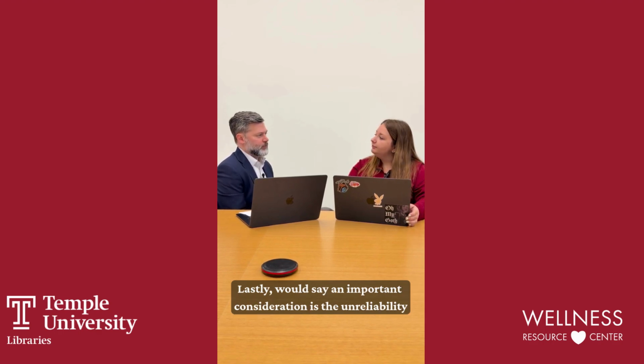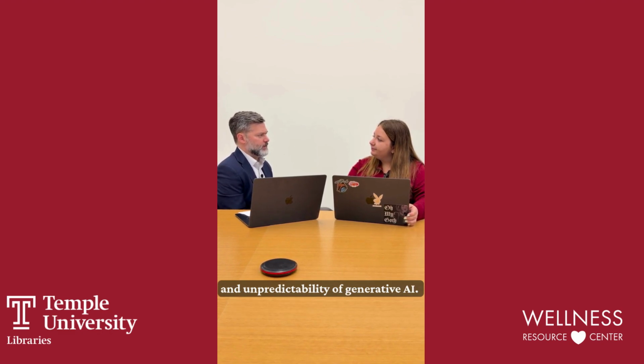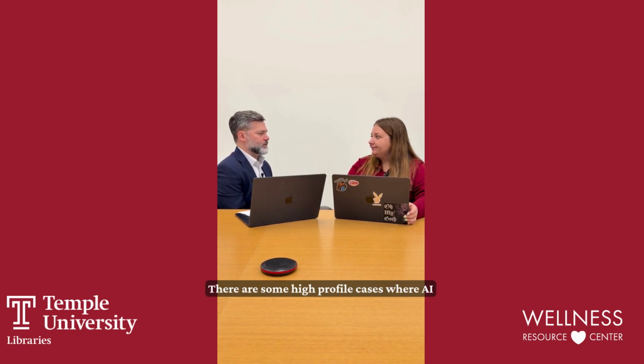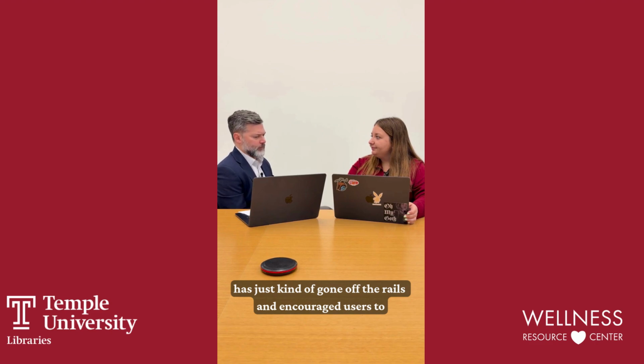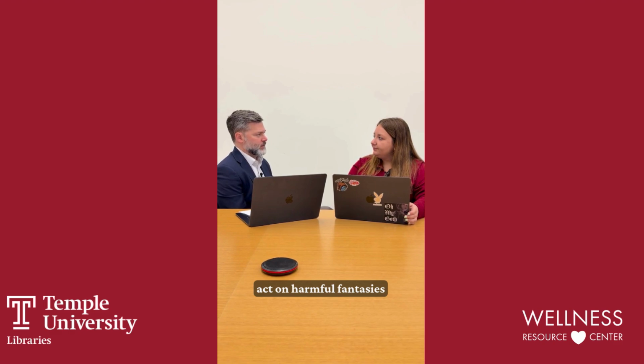Lastly, I would say an important consideration is the unreliability and unpredictability of generative AI. There are some high-profile cases where AI has just kind of gone off the rails and encouraged users to act on harmful fantasies or delusional behaviors.